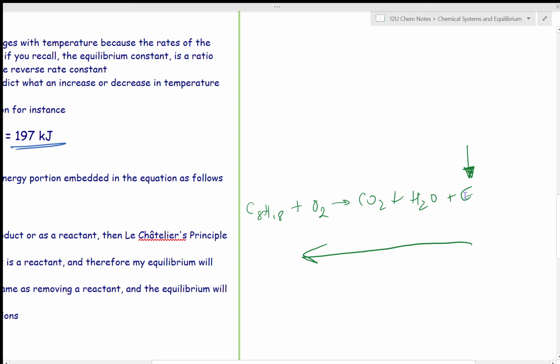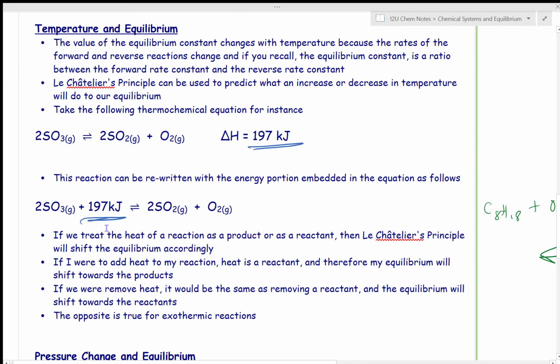So remember, the energy term is on the reactant or the product side, and if it's on the product side, we consider it to be a product. As a result, if I add heat into the system, the equilibrium will push left. And if I'm pushing left, no more combustion happens, and your car shuts off. That's a good example of how temperature can affect equilibrium and chemical reactions.